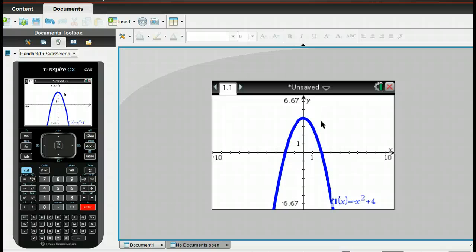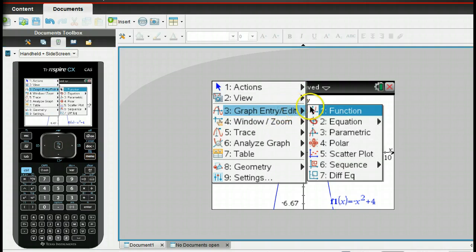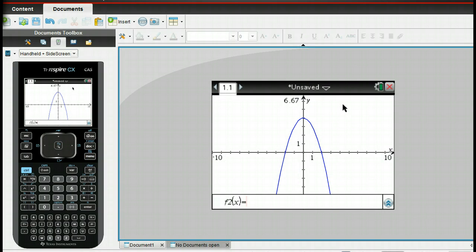Our second equation is going to be a square root. So I'm going to add that in here. So this is how it looks when I put it into the equation. Oops, sorry. This will be square root of -x plus 4.